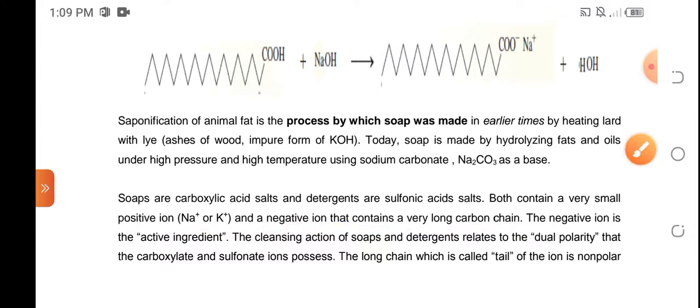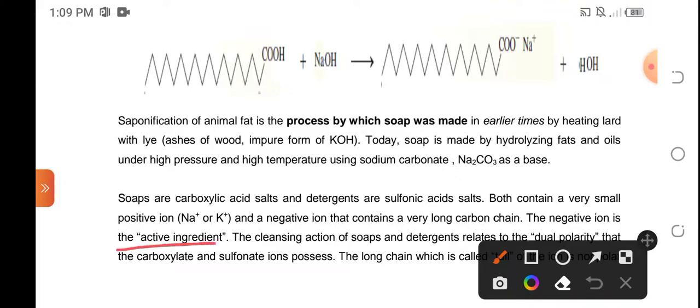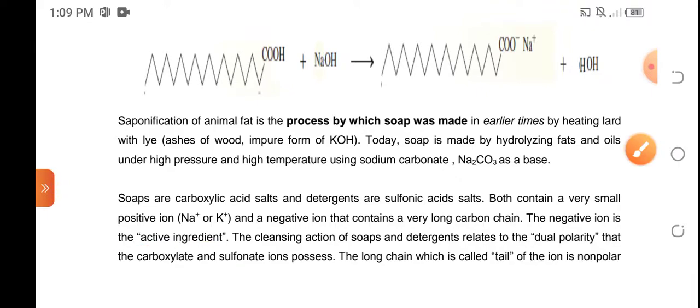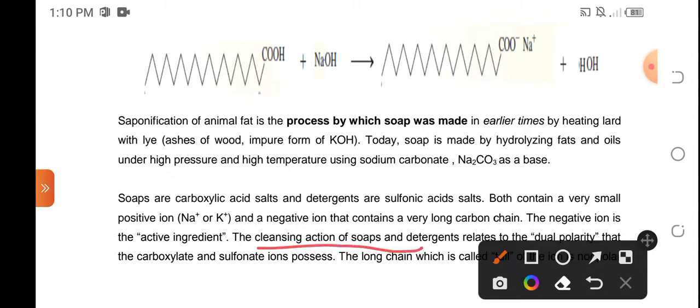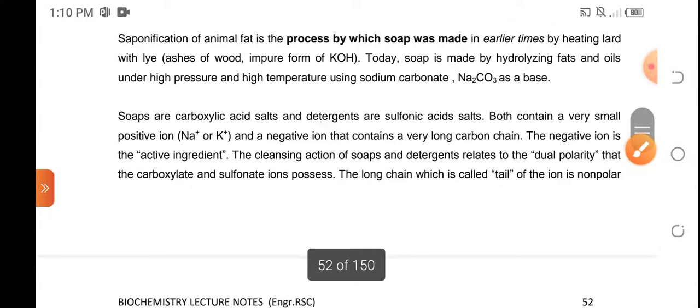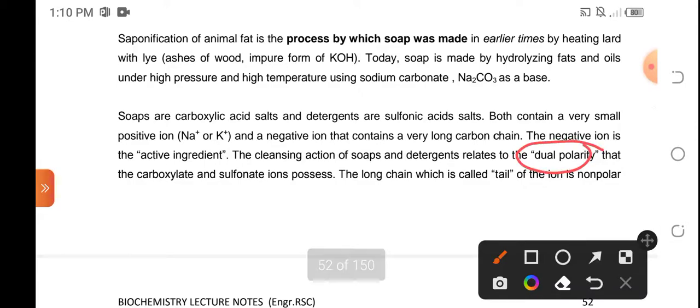Now, the negative ion is the active ingredient. And the cleansing action of the soap and detergent is due to the dual polarity of the carboxylate of the soap or the sulfonate ions of the detergent.